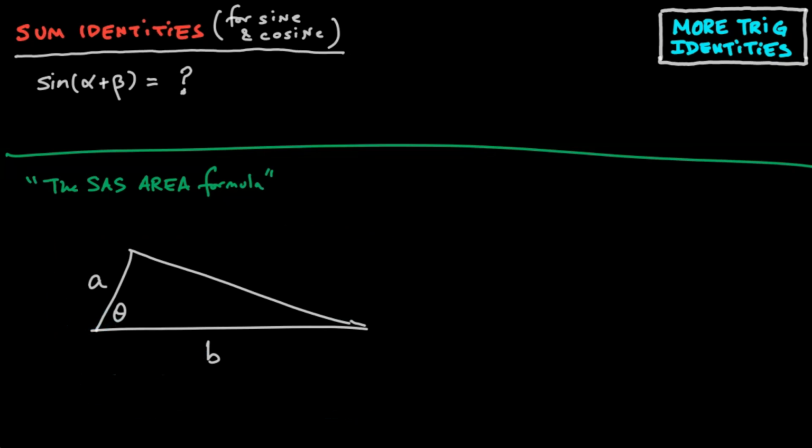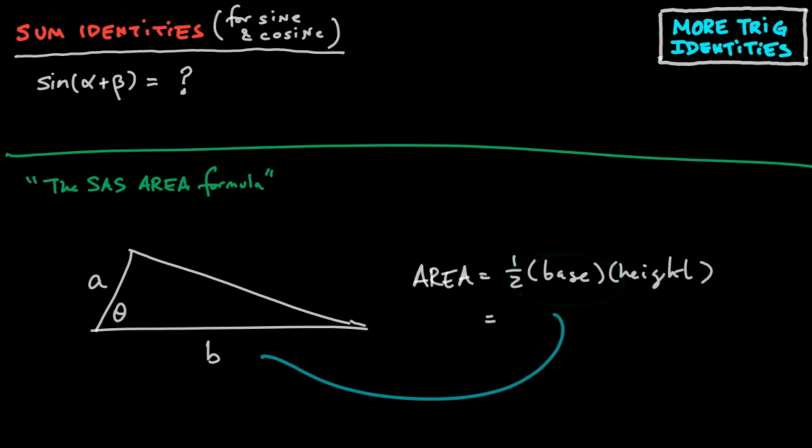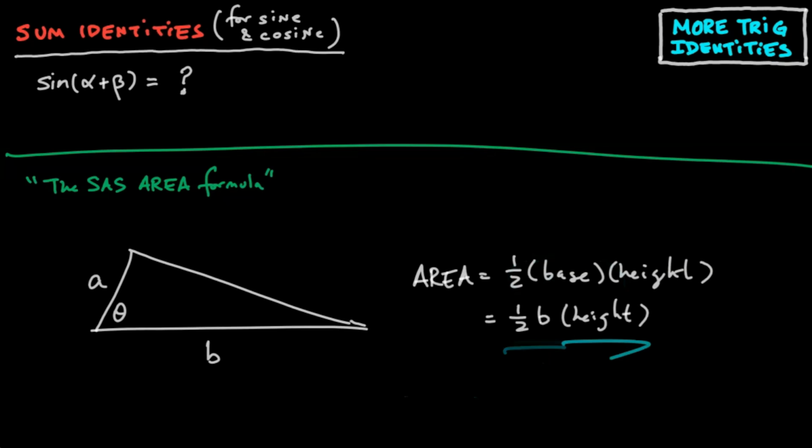And in fact, this is very easy. To find the area in terms of the two sides and their included angle, we just rely on the formula that everybody knows already. The area of any triangle is half its base times its height. And in this case, if we take the base to be b, we get half of b times the height. But the height isn't given to us. No matter, we can find it anyway.